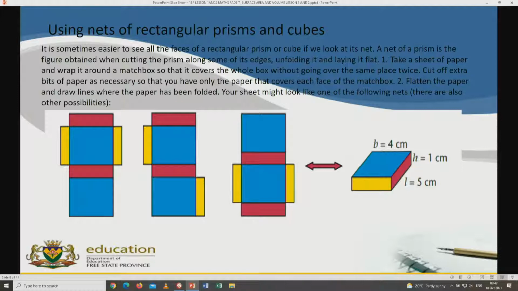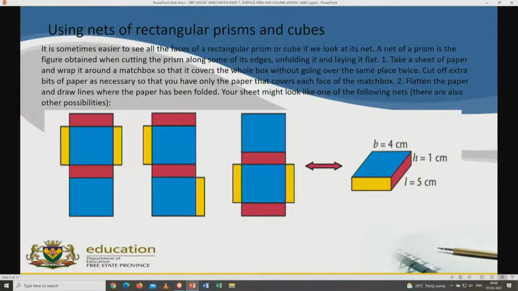Cover the whole box without going over the same place twice, only once. Cut off extra bits of paper as necessary so that you have only the paper that covers each face of a matchbox, the same way as we did when we were doing a net of a cube for ourselves.